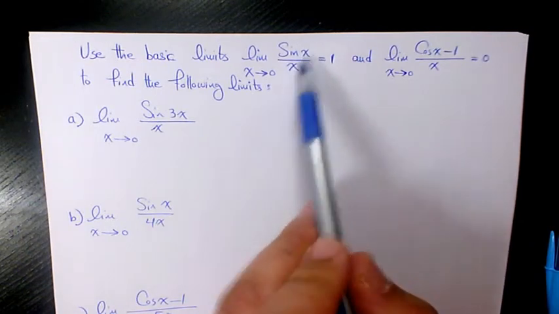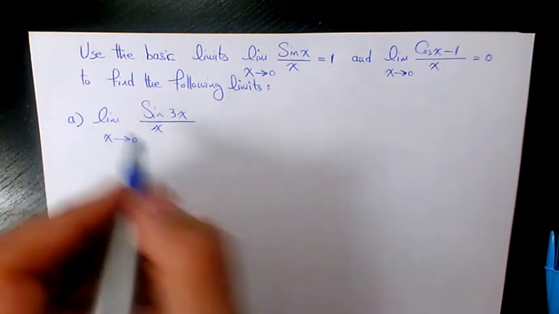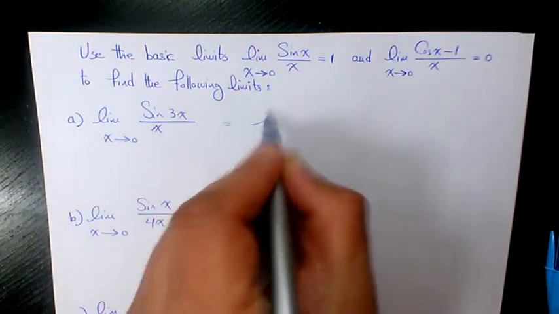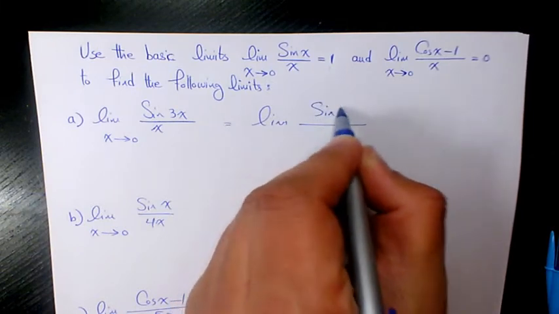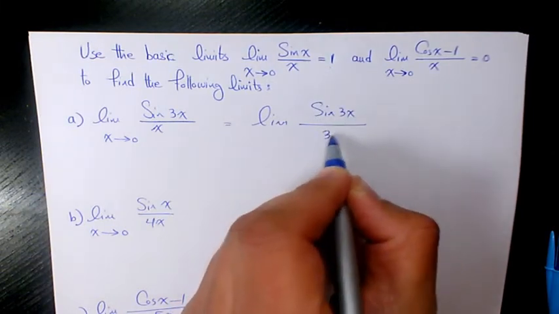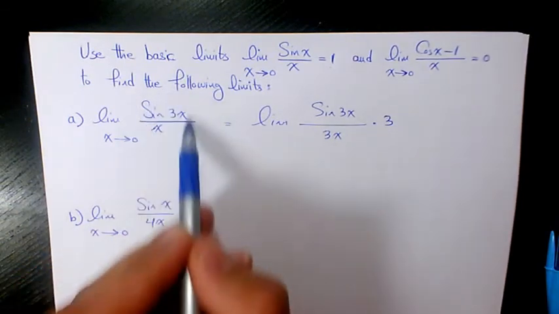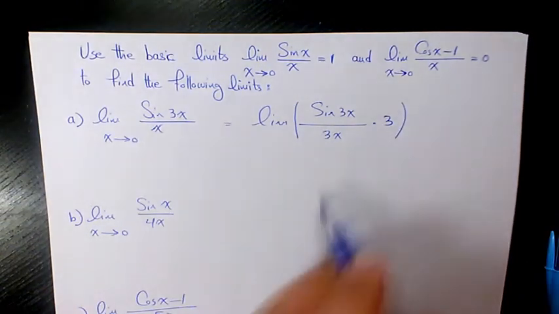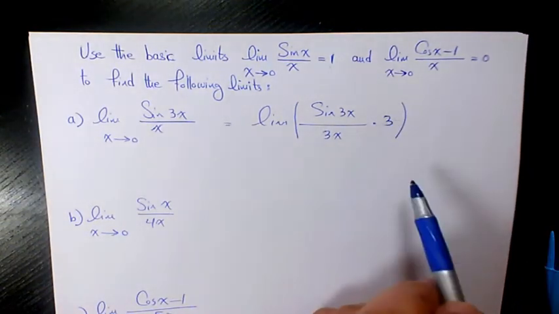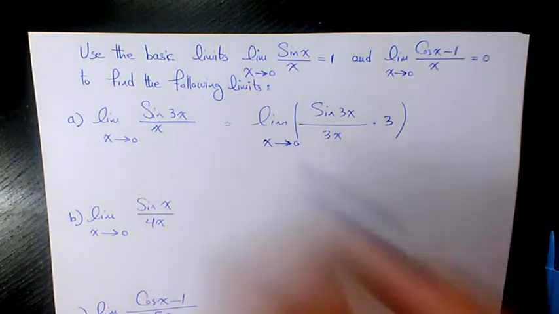So sine of x over x when x approaches 0 is going to be 1. So here I'm going to change this one to the limit of sine 3x over 3x multiplied by 3. I didn't change the value of this expression, but I multiplied the numerator and denominator by 3 when x is approaching 0.